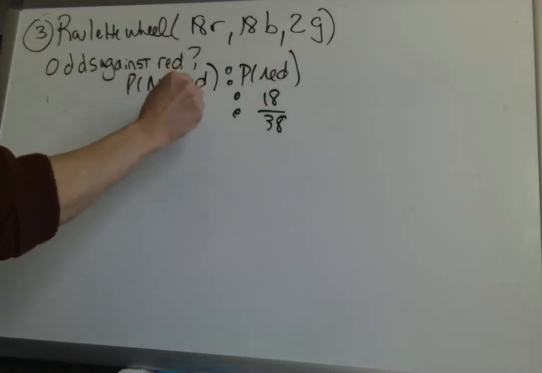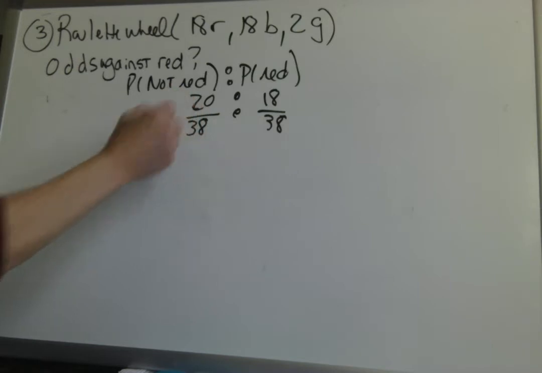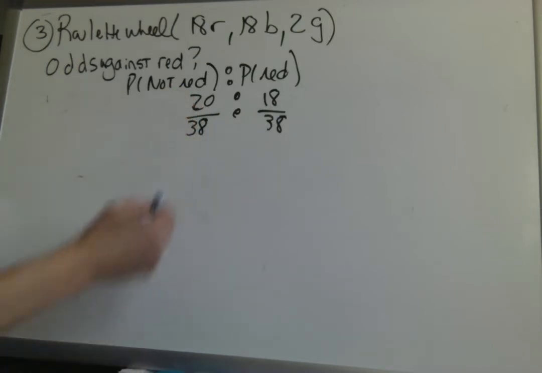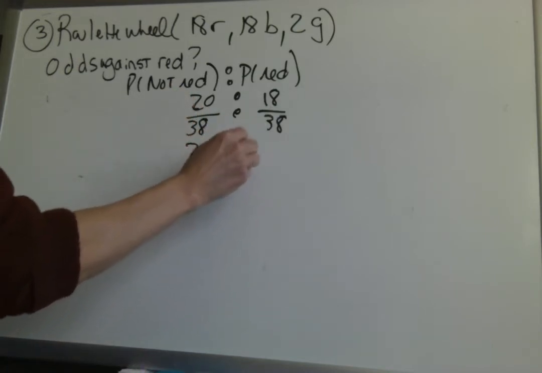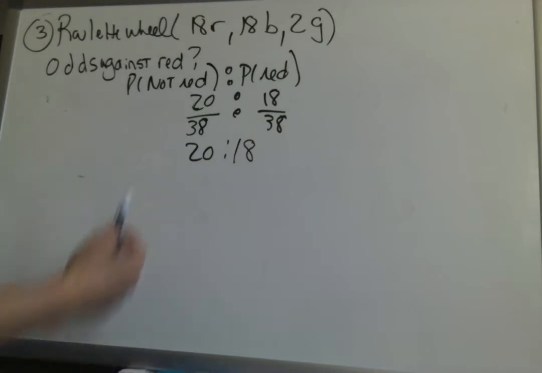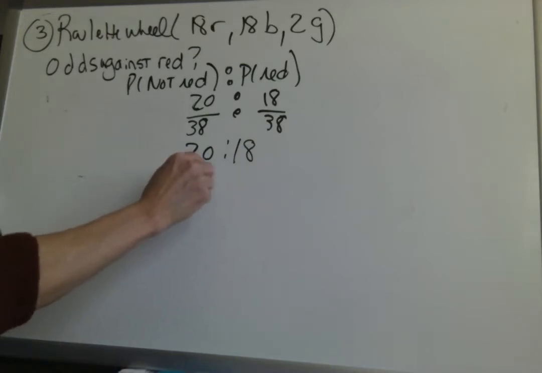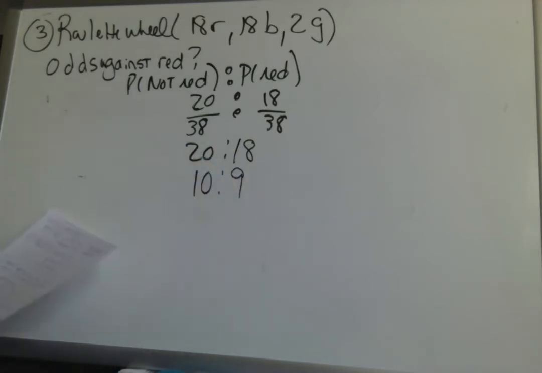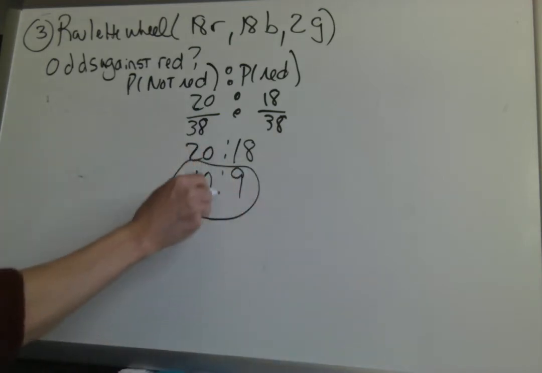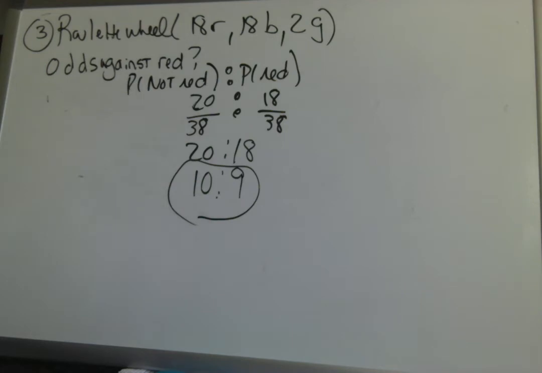So there's 20 over 38. Again, multiply both sides by 38. 20 colon 18, divide by 2, 10 colon 9. And that's the odds. That colon indicates odds.